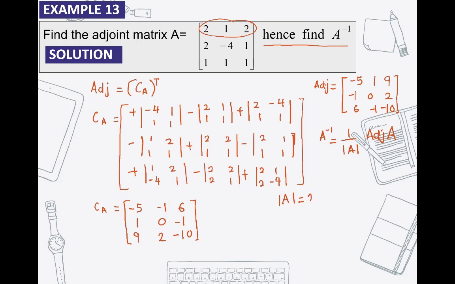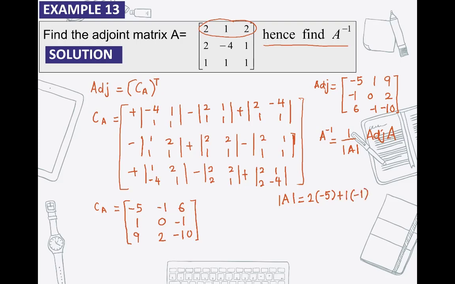Which is 2. And I'm not going to find my answer, I'm just going to copy the cofactor, because remember the formula for the determinant is the first element multiplied with the cofactor. So 2 multiply negative 5. Next is 1 multiply negative 1.